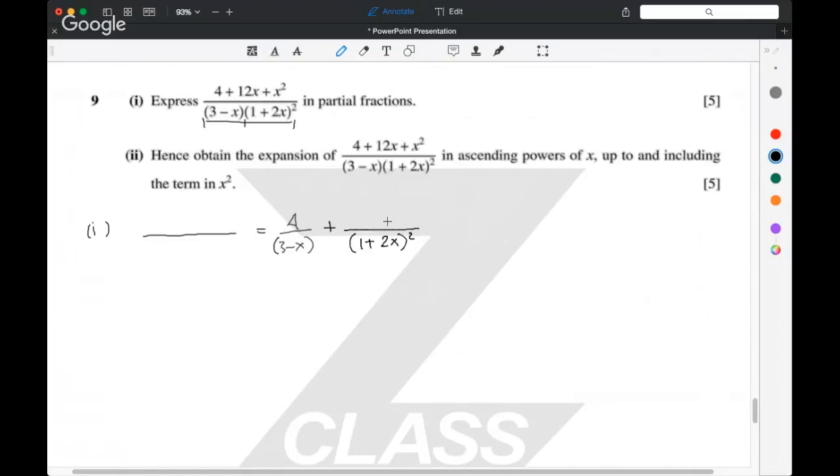And then on top, put a general expression to an order less than the one in the denominator. The denominator here is order 1, just x to the 1, so I put order 0. And here the order is 2 because you will get an x squared out of here, so I go b plus cx, which is everything below x squared.